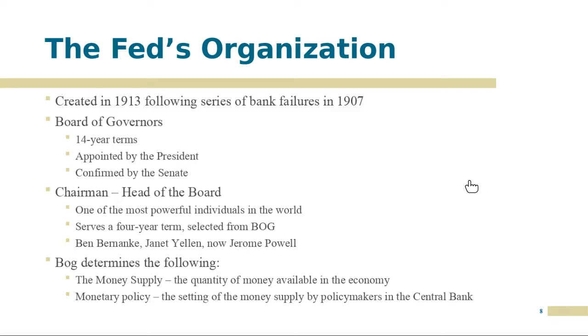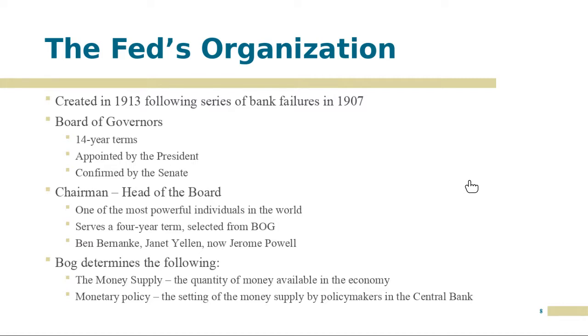However, the government does not have control over what the Fed does. The chairman is the head of this board, and he's one of the most powerful individuals in the world. He serves a 4-year term, and they're selected from the board of governors. Ben Bernanke was the Federal Reserve Chairman during the Great Recession.